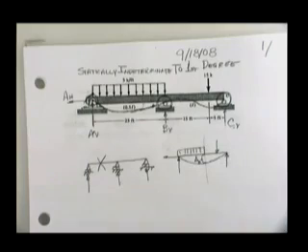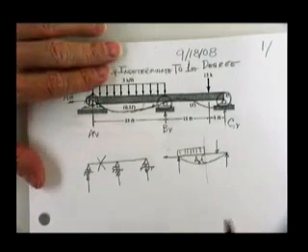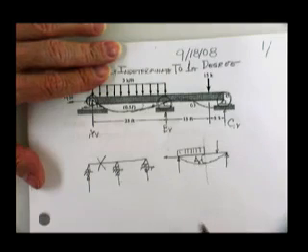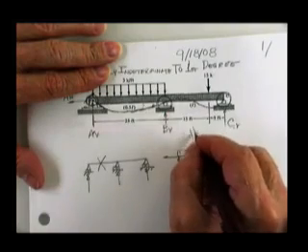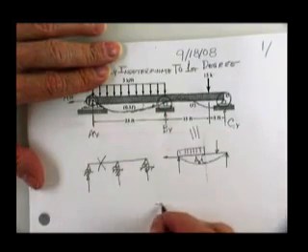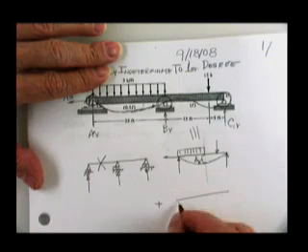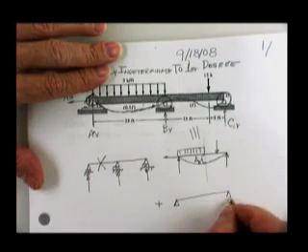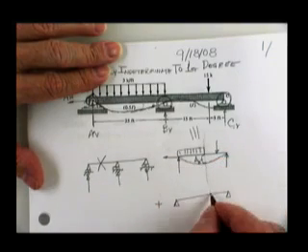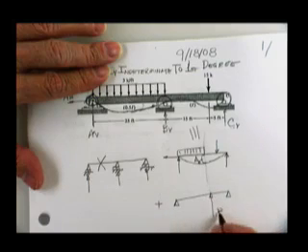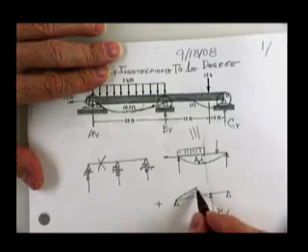There are other ways. There are better ways. That is a sad situation. You would have to say that this is equal to this plus, then you would come back in here and put a reaction at B. It would cause the beam to go up like that.